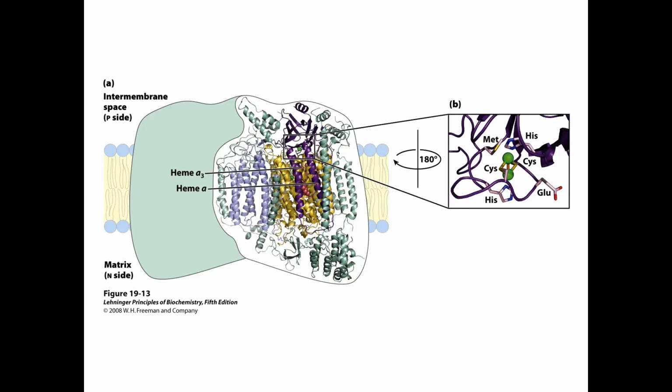There's also a structural protein called CO3 that's encoded by the mitochondrial genome. The other 10 subunits are encoded by the nuclear genome.